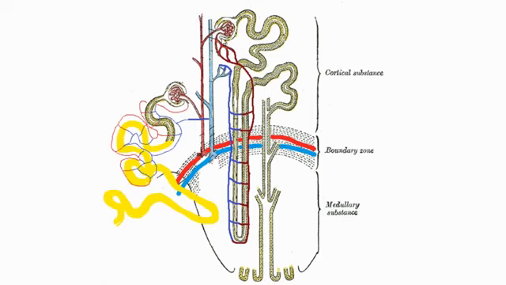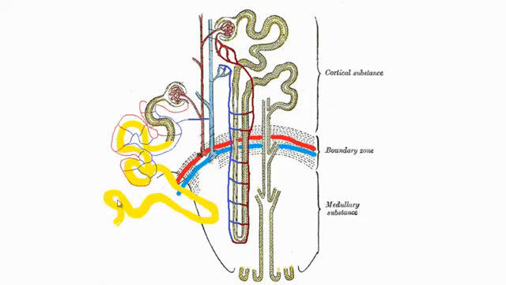So just imagine that this renal corpuscle here lies much closer to the medulla. So that's the juxtamedullary nephron, and their loops of Henle extend right into the substance of the medulla. So the loop of Henle is quite deep.